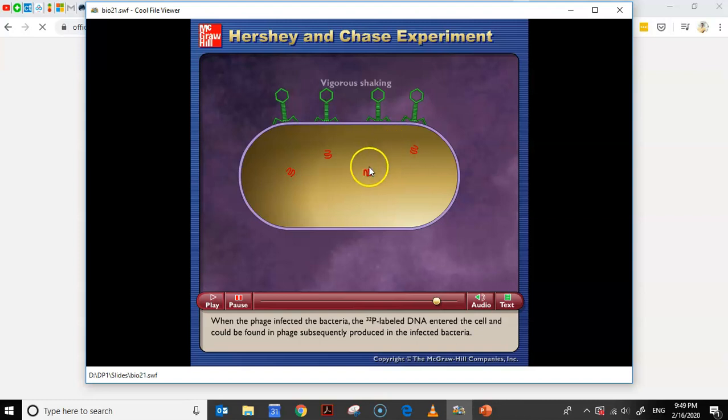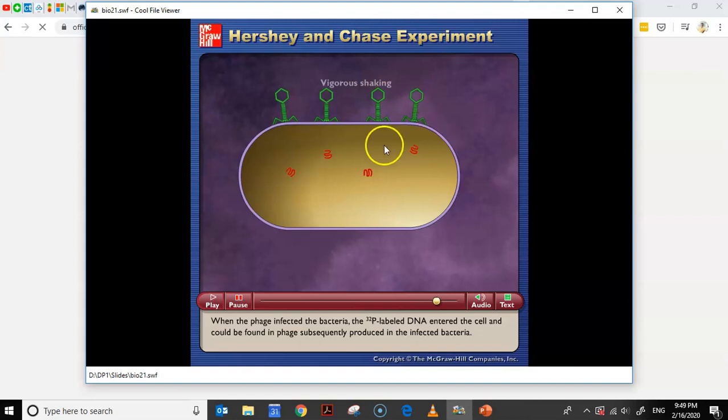Again, only DNA went inside, and the radioisotope DNA could produce phages from the information that it provided. But the thing is, radioisotope appeared in the bacteria, not in the coat protein.